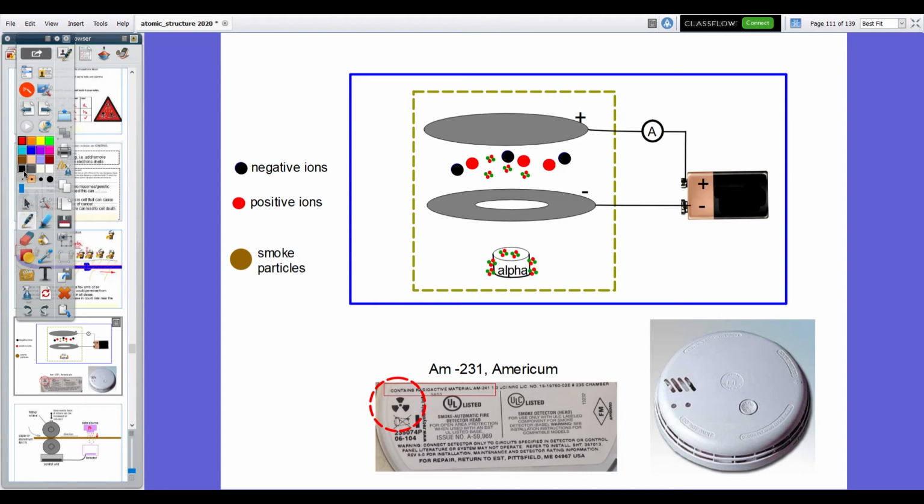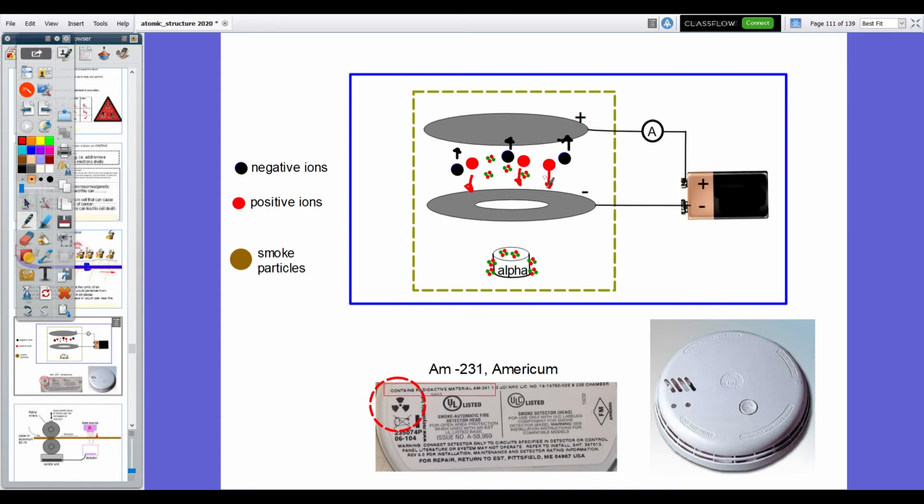Now, what do we have here? We have negative ions, and negative ions are going to want to go up towards that positive plate, and the positive ions are going to want to come down to this negative plate.